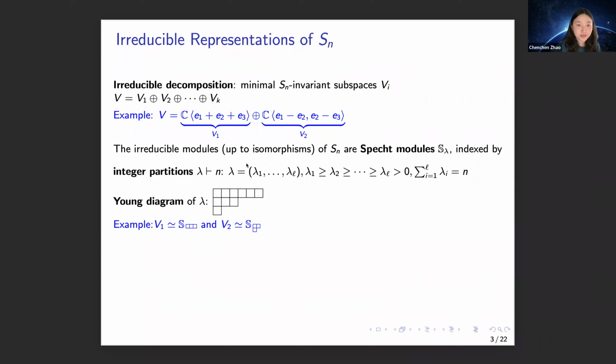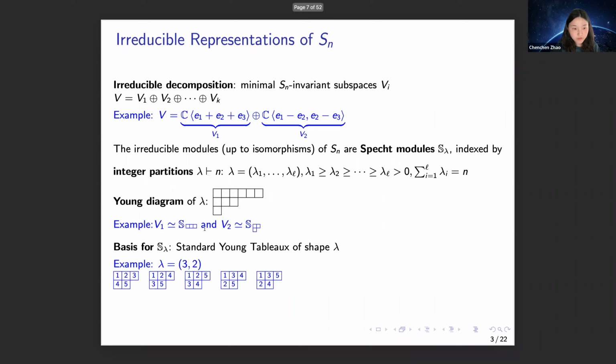And in the example we have above, V1 is isomorphic to the Specht module corresponding to one row, and V2 is isomorphic to the Specht module corresponding to 2, 1. And the basis for the Specht modules are the standard Young tableaux of shape lambda.